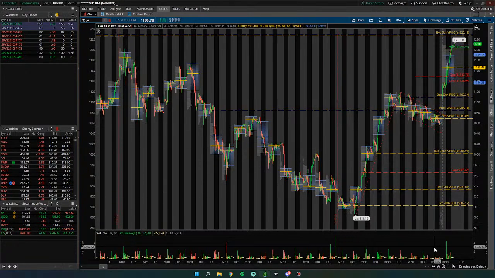But the inverse with VPOCs and POCs is going to be our market makers, hedge funds, things like that, where they buy dips. So if somebody wants to buy millions of dollars worth of Tesla, they're going to buy a dip, possibly at this level here, possibly here.